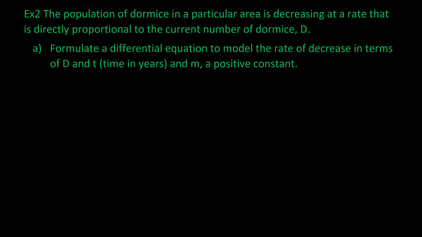So in this case, this would be dd by dt, so that's the rate of decrease, will be equal to minus md, because we're told it's proportional to d, but we're also told it's decreasing, so that's why it's minus.